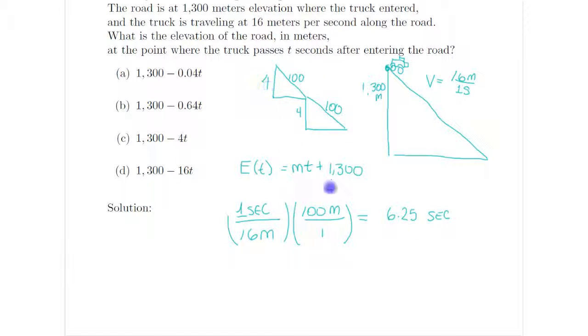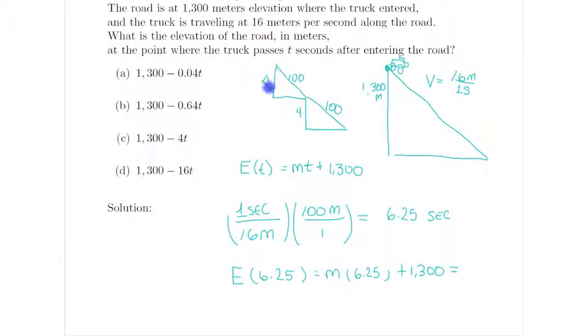meaning that in every 6.25 seconds, my elevation decreases 4 units. So that means that I can plug into my equation and have that E of 6.25 equals m times 6.25 plus 1300, and that is equal to what?